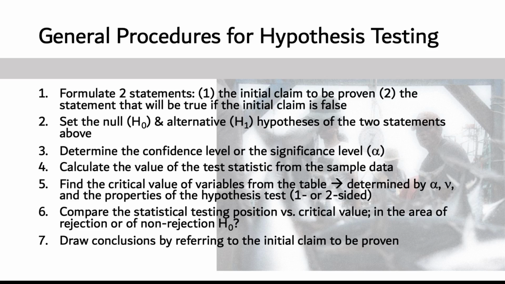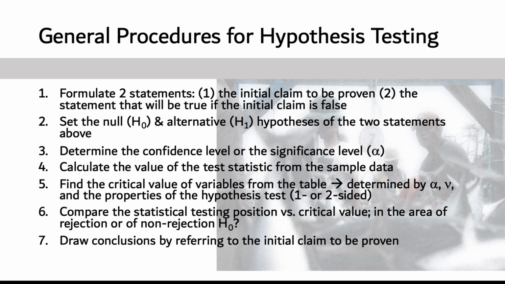After that, we have to determine the confidence level or the significance level alpha. Based on the data, we need to calculate the value of the test statistics. Then, we find the critical value of variables from the table. We need data such as alpha, degree of freedom, and the properties of the hypothesis testing, whether it's one-sided or two-sided hypothesis testing.